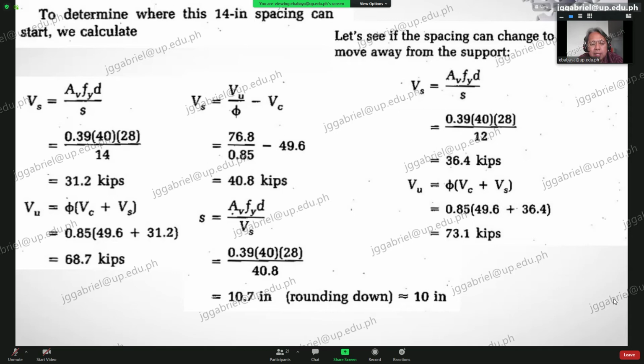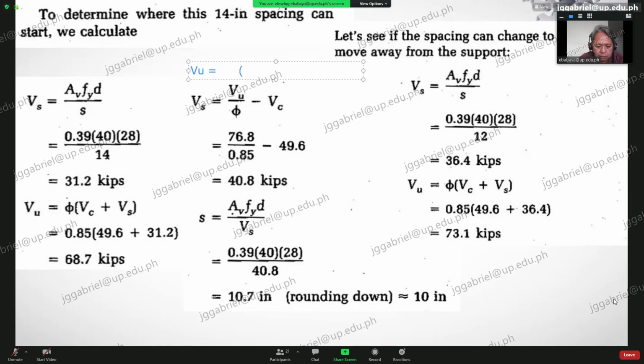Let me show you the original formula so that masundan nyo lang. So our original formula is VU equal to, wala akong phi dito. Mahirap maglagay ng phi. Sige, mamaya ako ilagay yung phi.